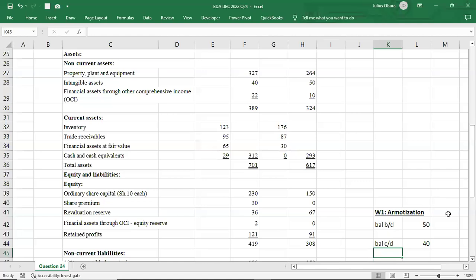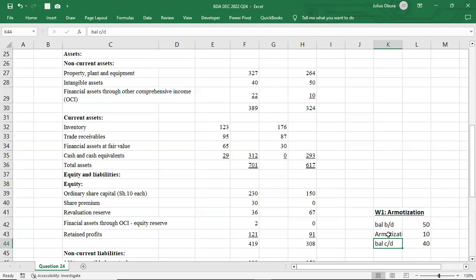So we have a balance brought down of 50 and a balance carried down of 40, which means that the reduction from 50 to 40 is our amortization. So it will be 50 minus 40. This is what we call amortization. Yeah, right. So that's fine.